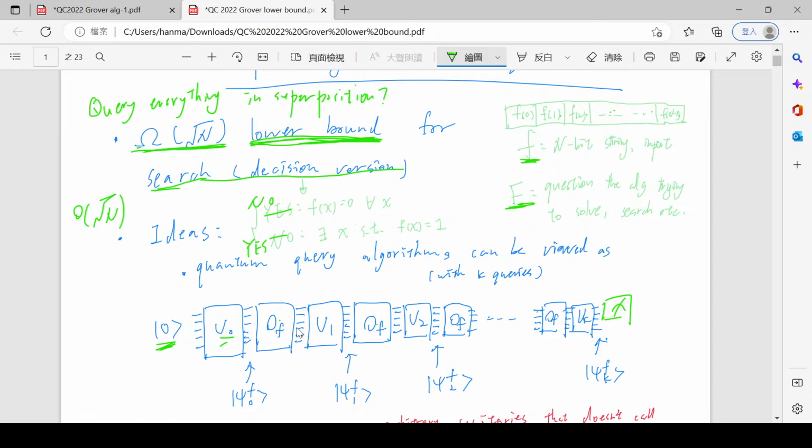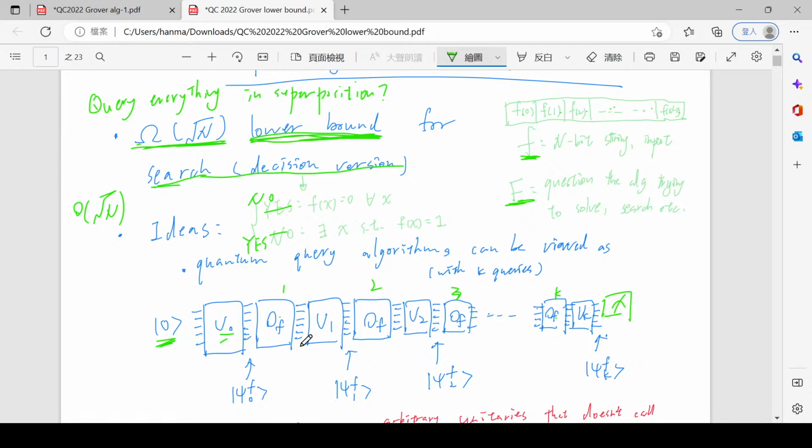It doesn't say anything except that you run many queries here. So you have 1, 2, 3, and the number is kind of important, so we are doing k queries here.